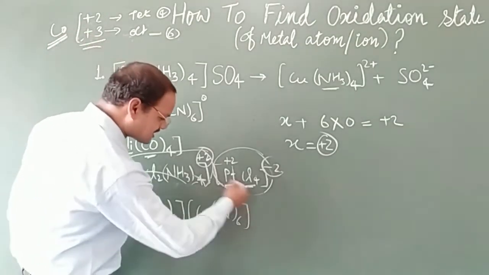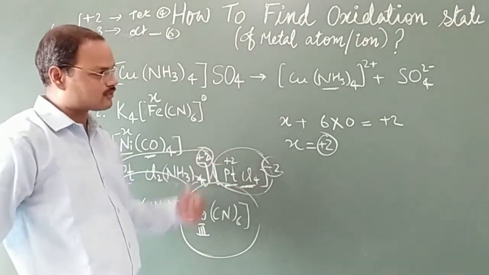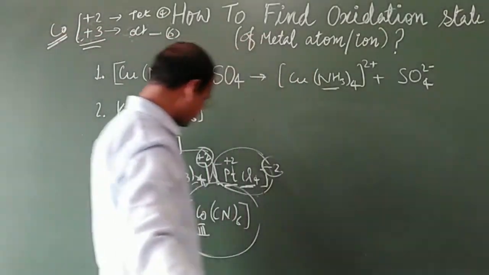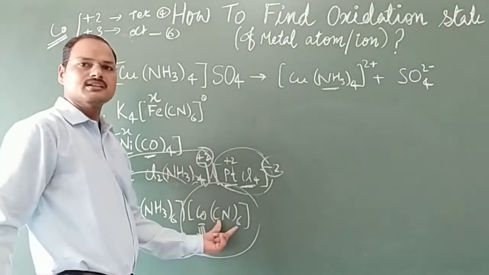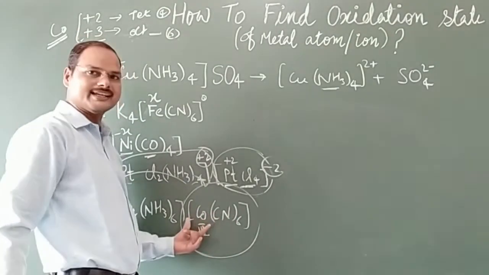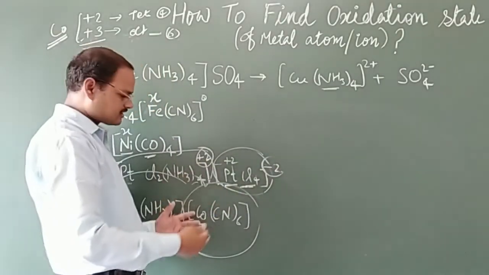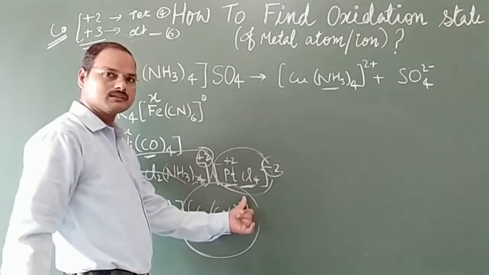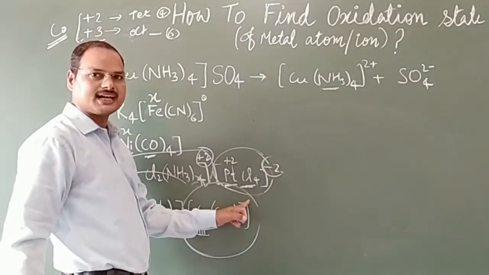Now to find out the overall charge on this sphere, we have to use the same concept. See here. Now in this case, we have to find the charge on this sphere. It should be negative, but how much negative charge is there? With the help of these ions we can find out. As we know that the sum of charges or oxidation states of all ligands should be equal to what? That value will be the negative charge here.